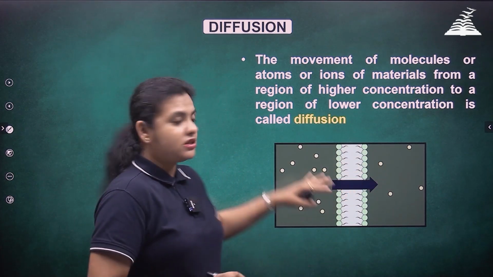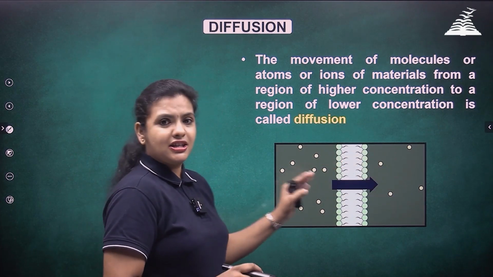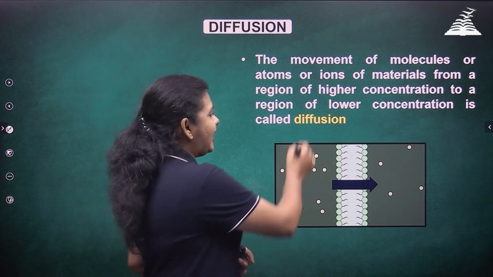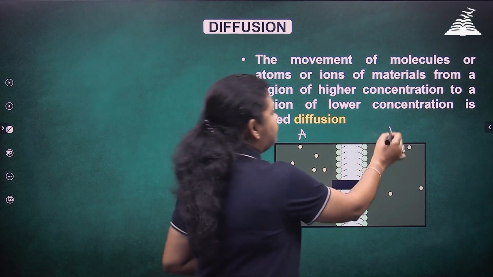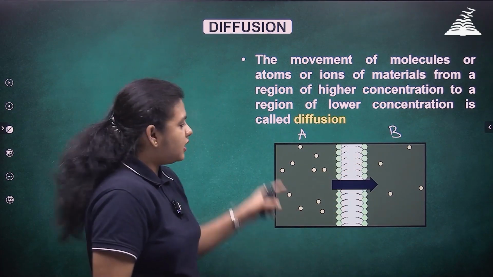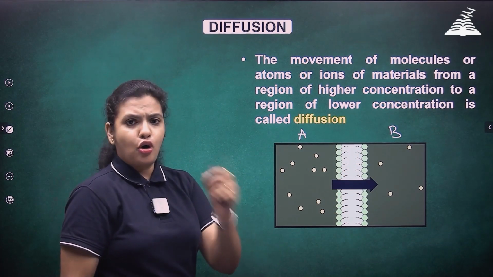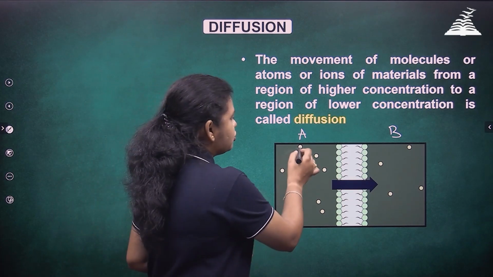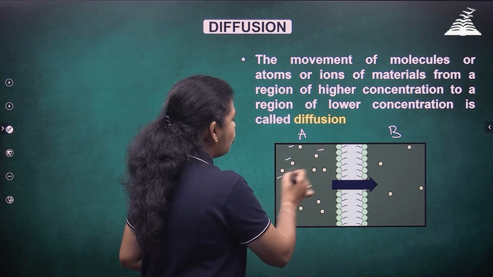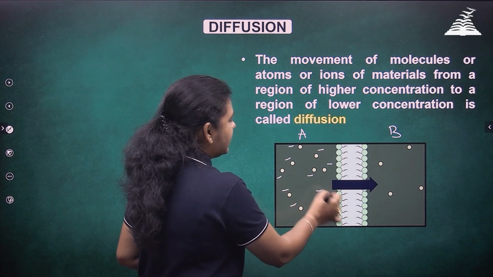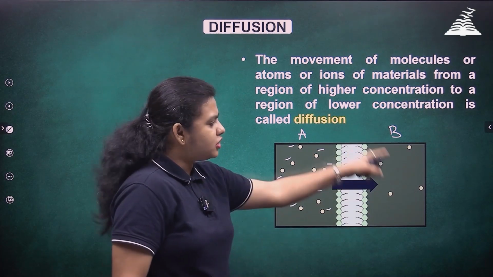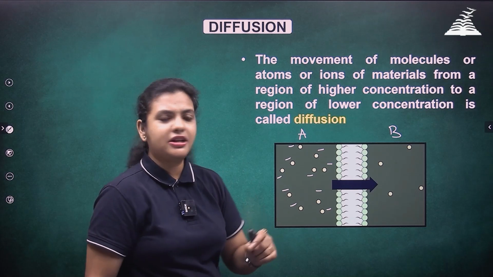Look at this image, students. Here you have two cells. Let's consider this to be cell A and this to be cell B, right? Cell A has got more solute molecules. So this is 1, 2, 3, 4, 5, 6, 7, 8, 9, 10. But cell B has got just 4 molecules. So what happens?